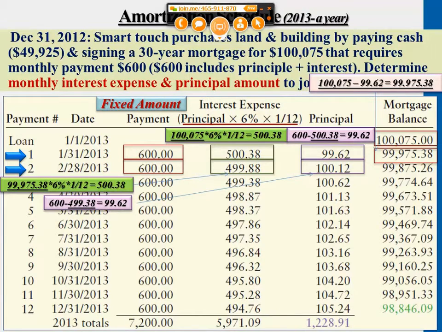So the second month's dollar amount will not be this anymore. Even though the cash part is still credit $600, this is the part that will remain the same always for each and every month. Interest expense, account name is the same, mortgage payable is the same, but the dollar amount is different. So for the second month, it will be $499.38, and then the principal amount will be $112. This will be the second month's journal entry.